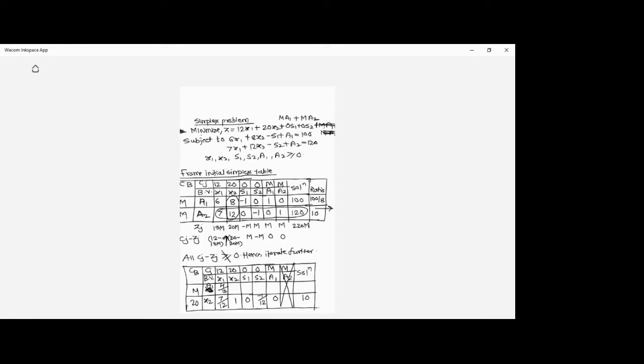Similarly, the next value will be 8 minus 12 into 8 divided by 12. So it will be 8 minus 8, which is equal to 0. Next value will be minus 1 minus 0 into 8 divided by 12. As it is 0 that comes here, it will be minus 1 only.